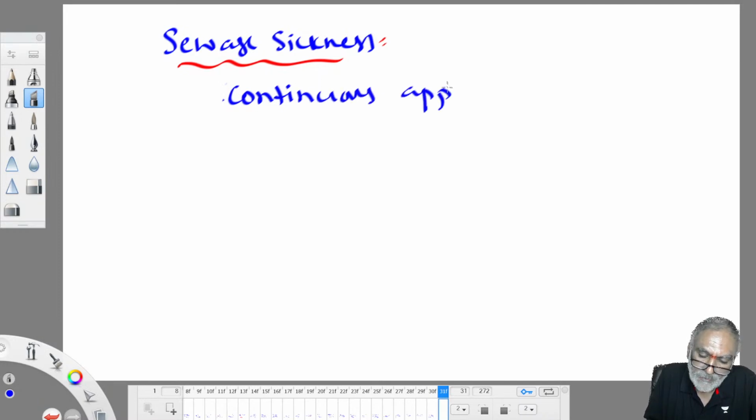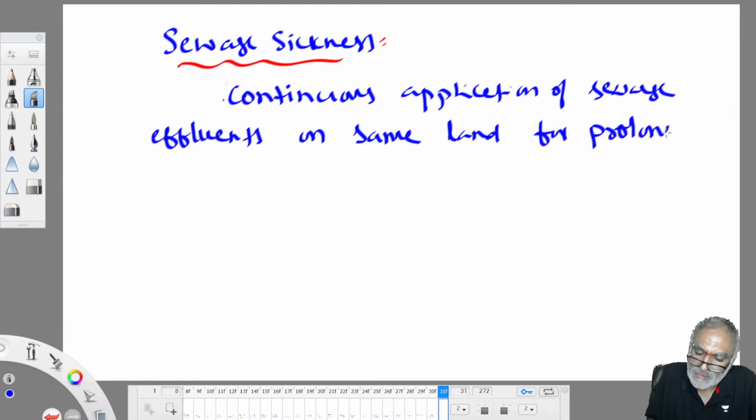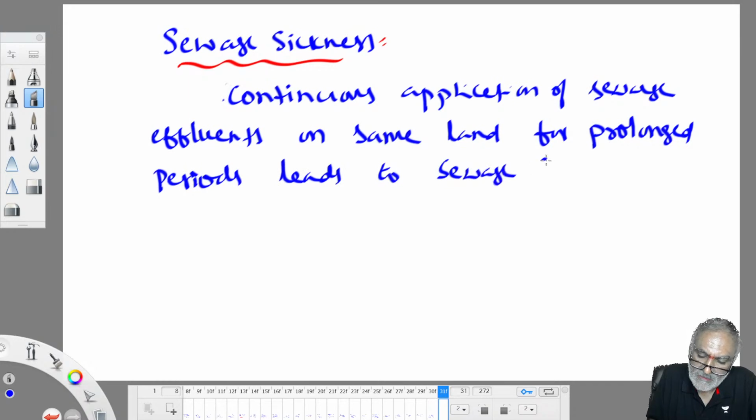Continuous application of sewage effluents on the same land for prolonged periods leads to sewage sickness.